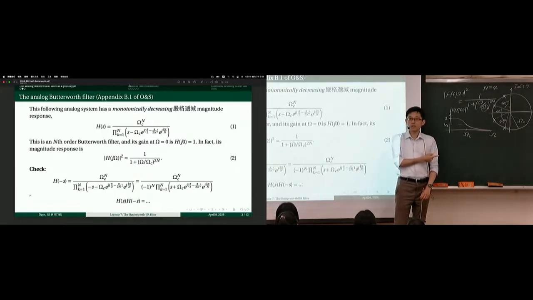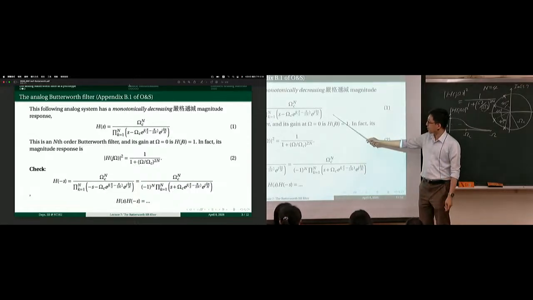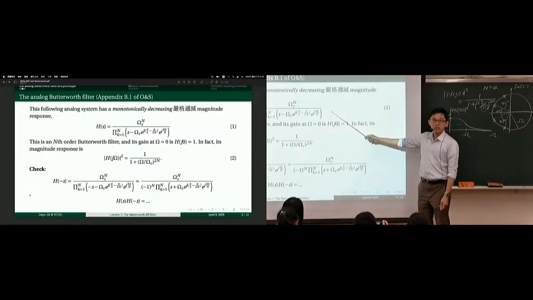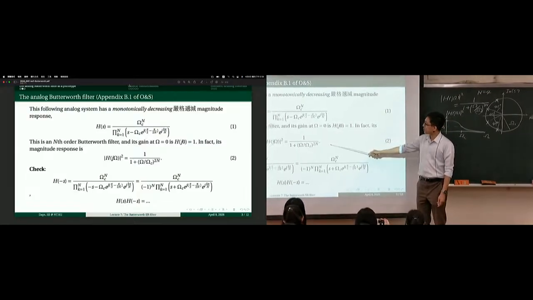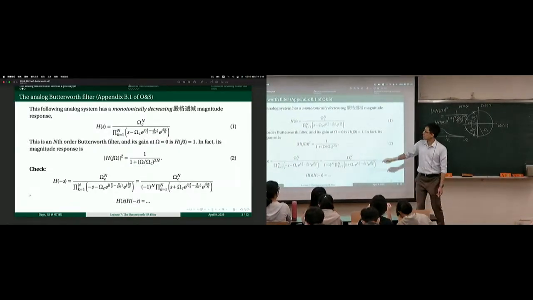Very nice property, which comes with a surprise, because the prototype has a complex-looking system function, but nonetheless its magnitude response has a very simple expression, which is monotonically decreasing.